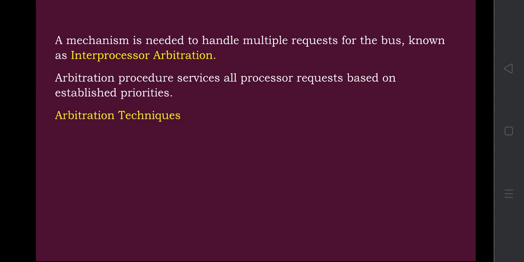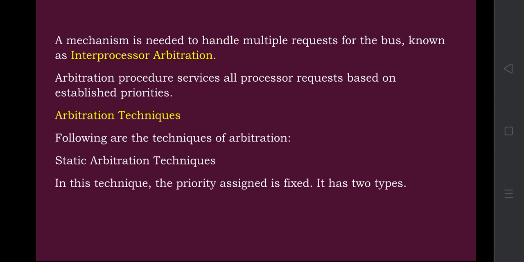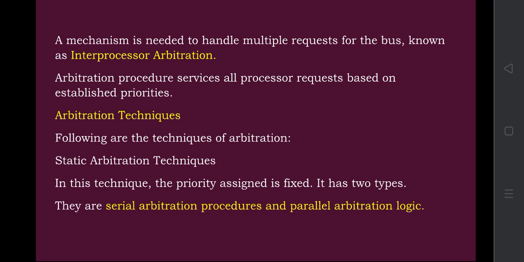So how is it done? There are two different techniques. The arbitration techniques are of two types: static arbitration techniques and dynamic arbitration techniques. The static arbitration technique has the priority assigned fixed. That means the priority is assigned based upon some procedure or calculation. There are two types of this static arbitration technique: serial arbitration procedure and parallel arbitration procedure.